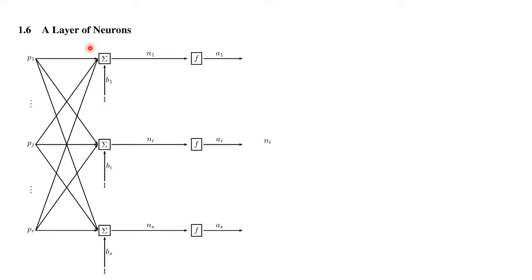If we have a layer of neurons, so now say we've got S neurons here, we focus on the ith neuron, and we treat it just as we did before for a single neuron. We'll let Ni be the input into neuron i. Let Wij be the weighting into neuron i from pattern j. So Wij from j into i.